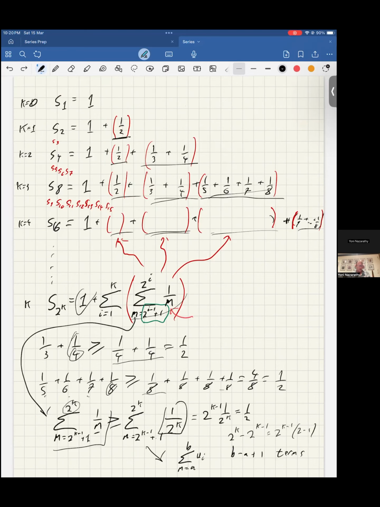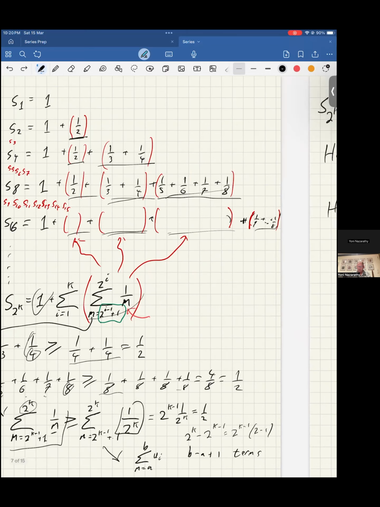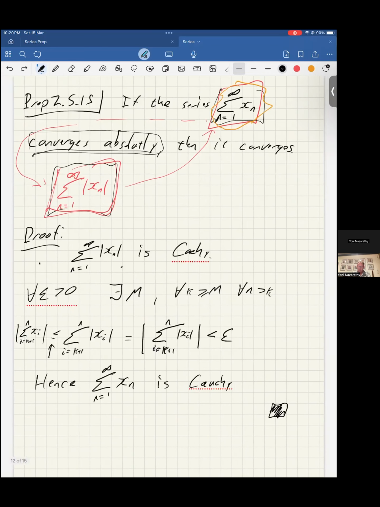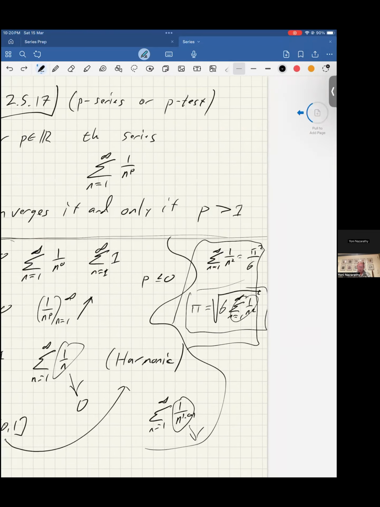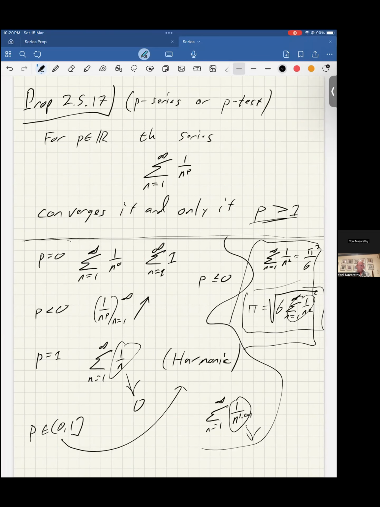Only that in the harmonic series we showed divergence, and here we're not going to find a lower bound to the terms; we're actually going to find an upper bound to the terms. You could look at the proof if you're interested. It uses a similar computation and then a convergence argument. So that's for the case of p greater than 1.